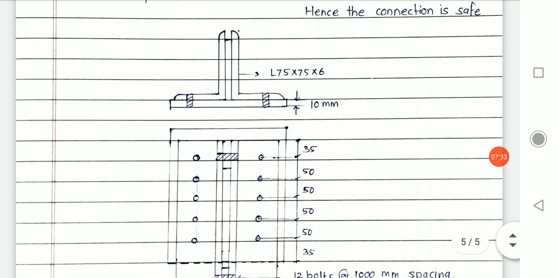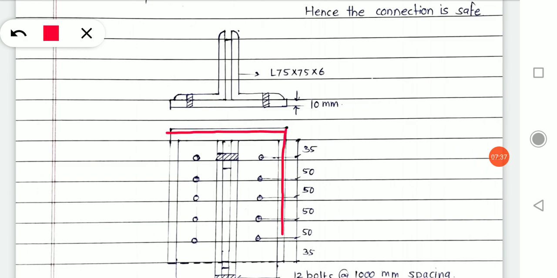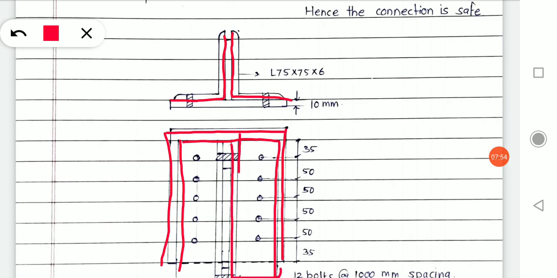So see here in plan, this is your gusset plate, this outer box is your gusset plate, this internal block representing the angles, one angle of this side, other angle of this side. Okay, so this is your one angle, this is the thickness of connected leg, this is the thickness of connected leg, and this is the outstanding leg.